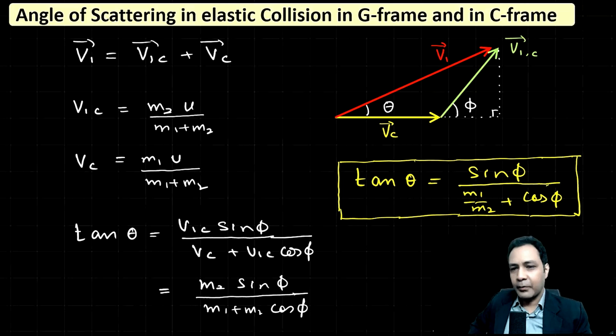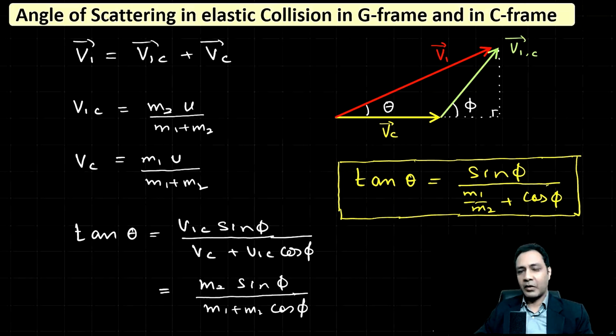That will depend on the relationship between m1 and m2, whether m1 is greater than m2 or m2 is greater than m1. So let me take a first case in which m1 is less than m2, and we are also interested in knowing the maximum angle of scattering that can be had in the ground frame.